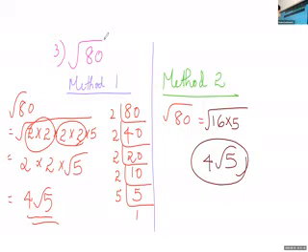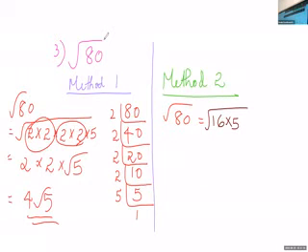Okay? Yes, ma'am. Then listen. Now look at this also. When you see the prime factorization, 2, 2, 2, 2 into 5. Can you find 16 there? 2 into 2 into 2 into 2 is 16.